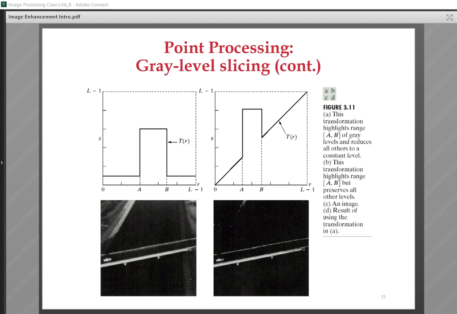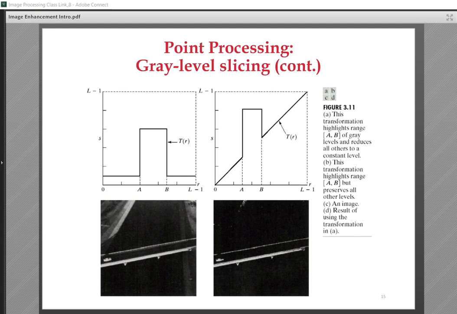Some examples. This transformation highlights range A to B of gray levels and reduces all others to a constant level.